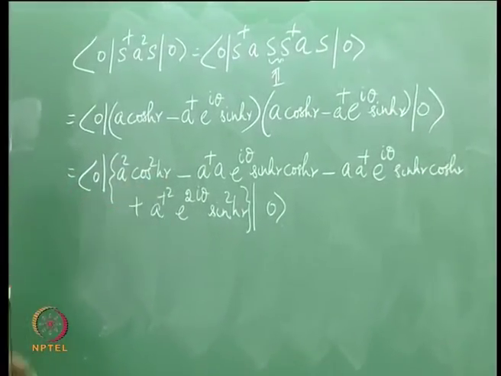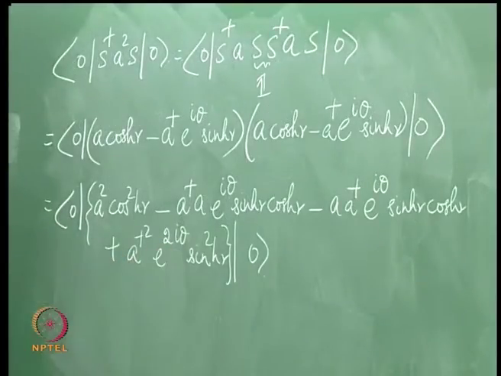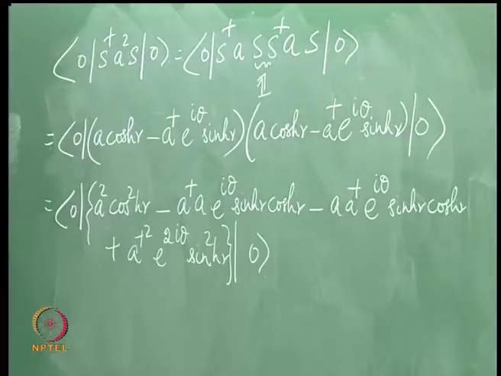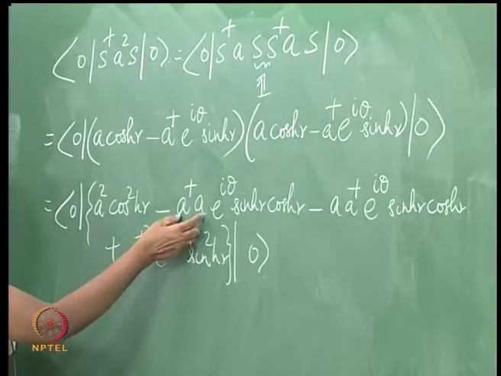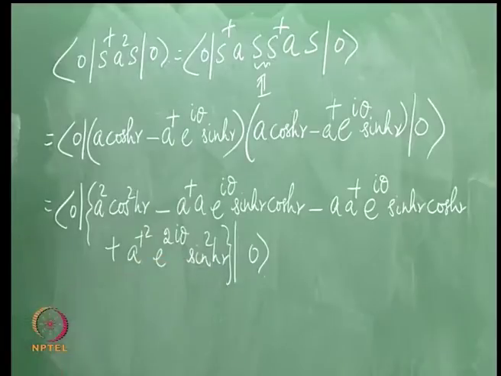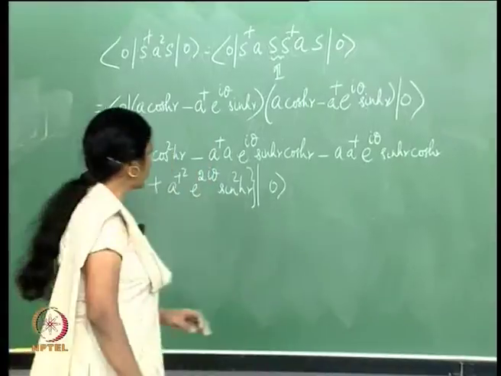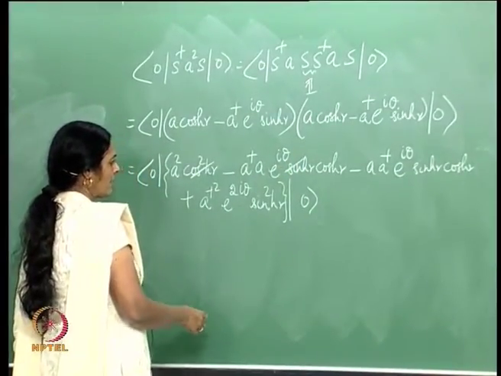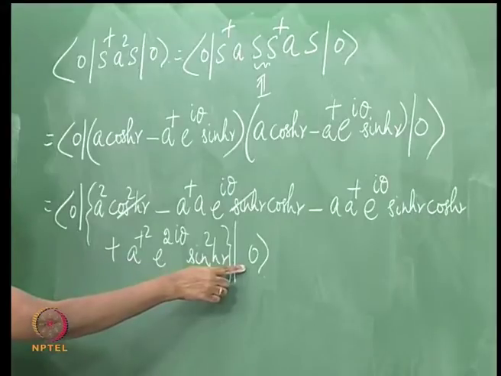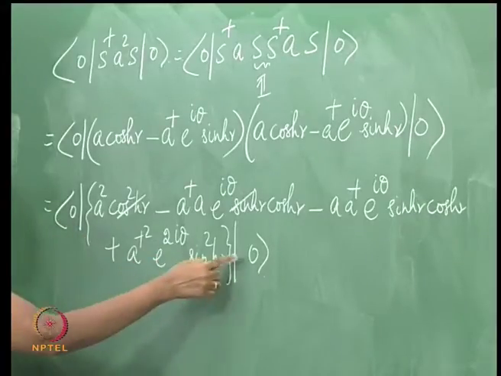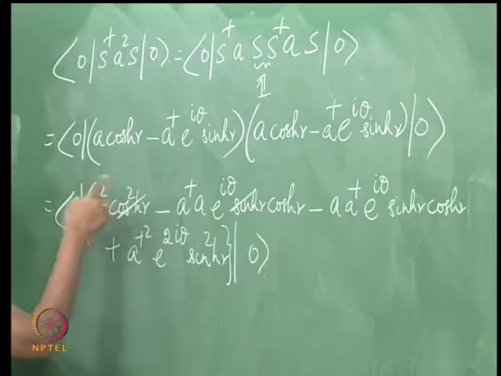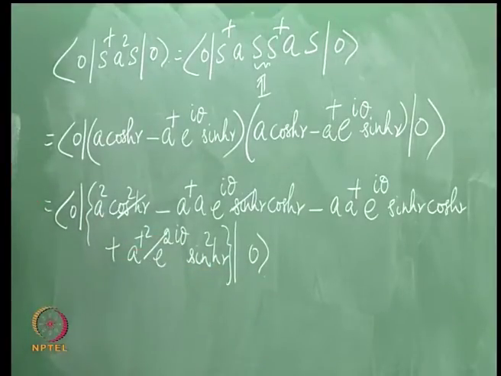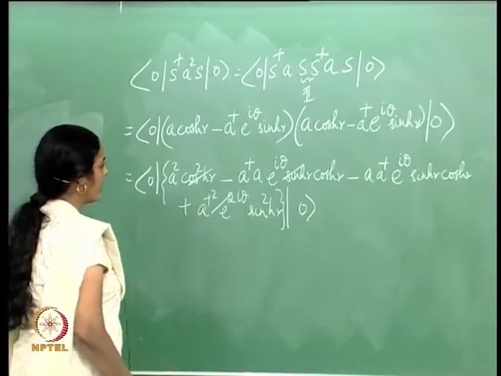I need to find the expectation value of this object in the state ket 0. It is evident that the first term does not contribute because a squared on ket 0 is 0. Now, a dagger a on ket 0 is also 0 because ket 0 is an eigenstate of a dagger a with eigenvalue 0. So, these terms do not contribute. a dagger squared acting on ket 0 gets me ket 2, and by the orthonormality property, ket 0 is orthogonal to ket 2, so this will not contribute. And then I have minus a a dagger left.